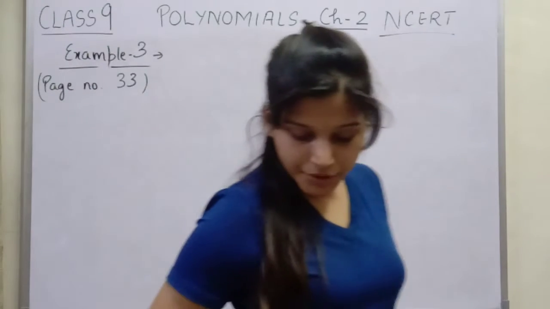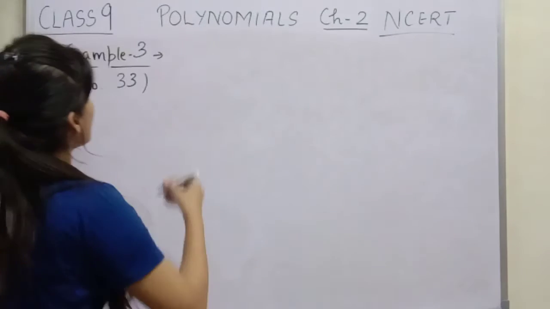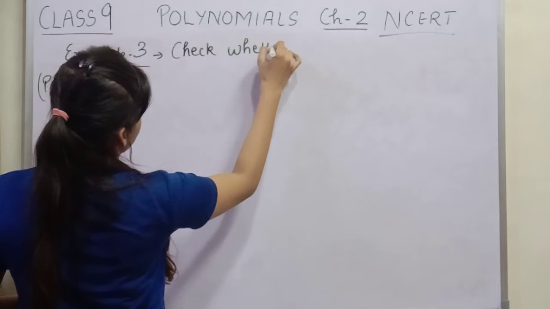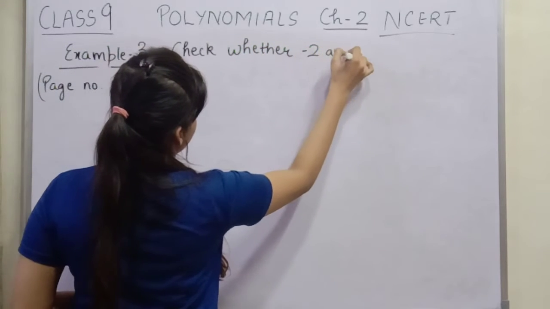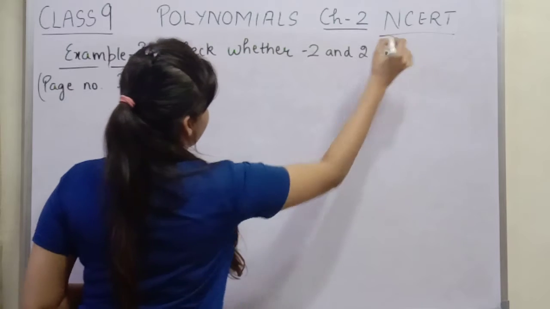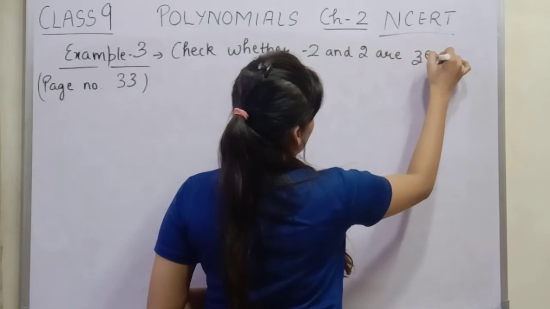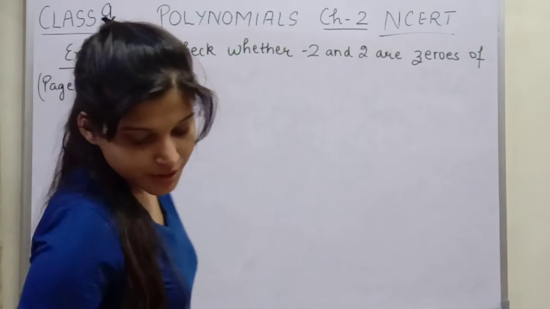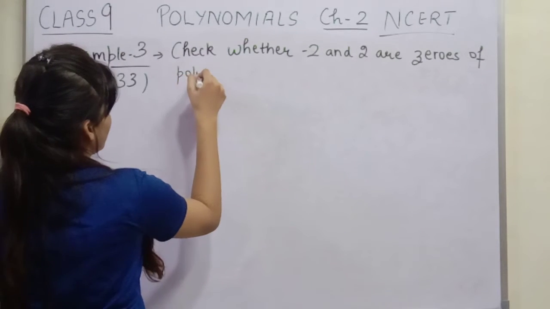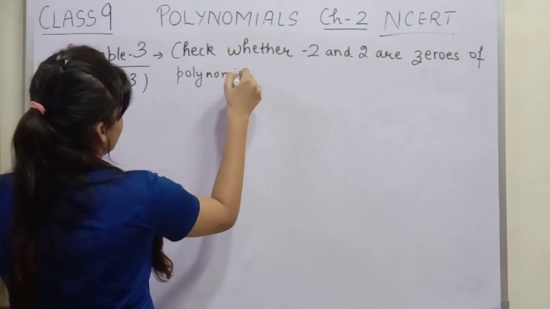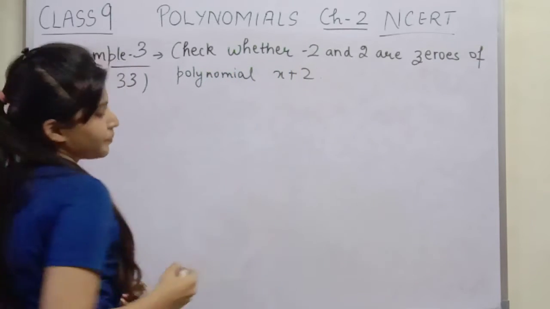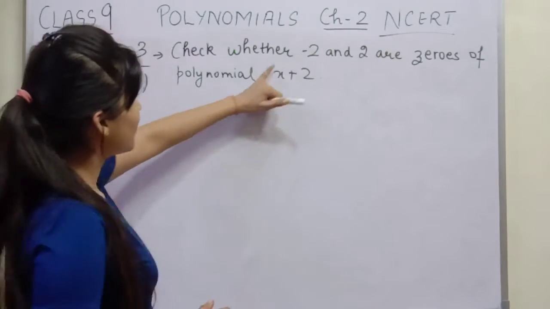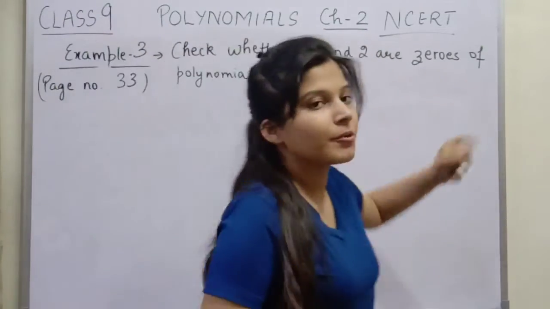Okay, so example number 3 says check whether minus 2 and 2 are zeros of the polynomial x plus 2. Now we are given a polynomial x plus 2 and हमें check करना है whether minus 2 and 2 are zeros of the polynomial or not.